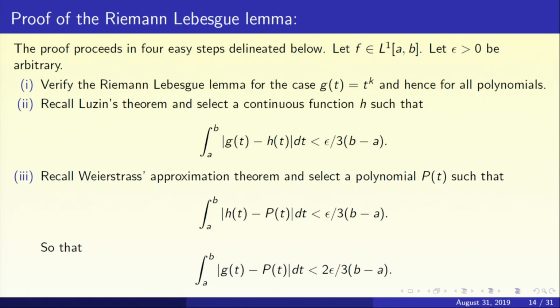Now how to proceed further? You have taken this function g, we must first approximate the function g by a continuous function. Remember that every L1 function can be approximated by a continuous function in L1 norm. That is the famous theorem of Lusin. It's called Lusin's theorem.